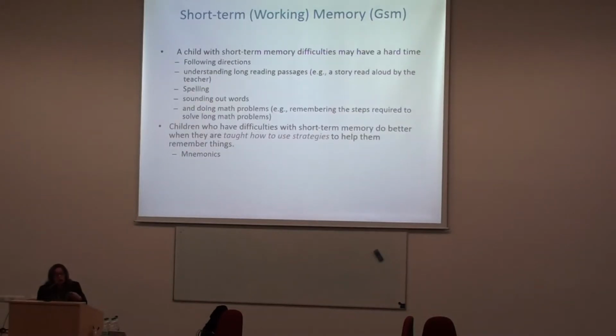Now, individuals with short-term memory difficulties may have a hard time following directions, understanding long reading passages, spelling, sounding out words, things of that nature. And we often provide children with memory problems with ways to compensate for their memory deficits.